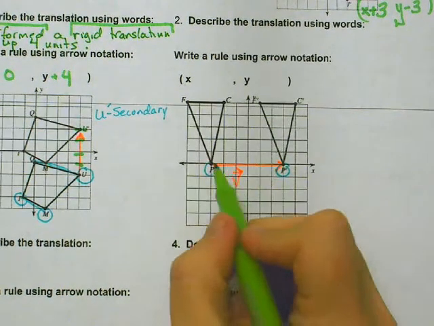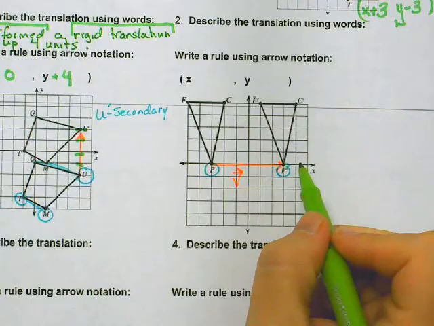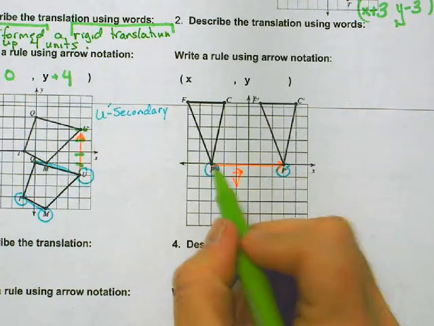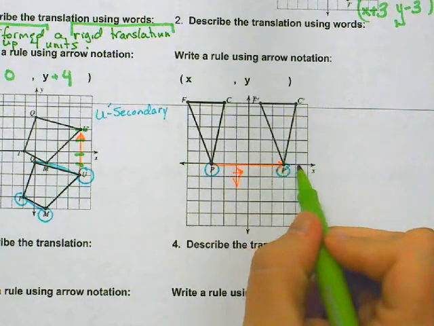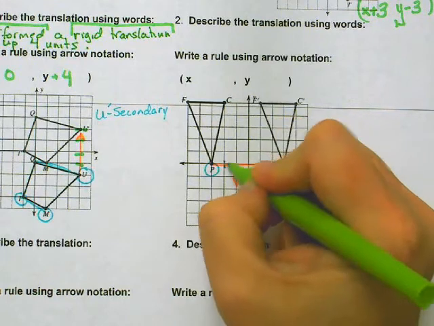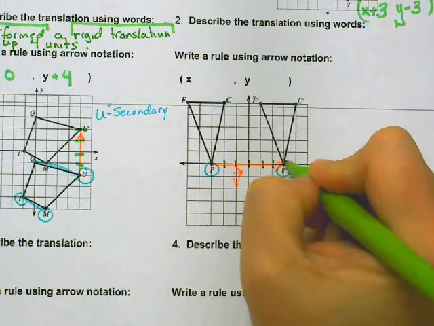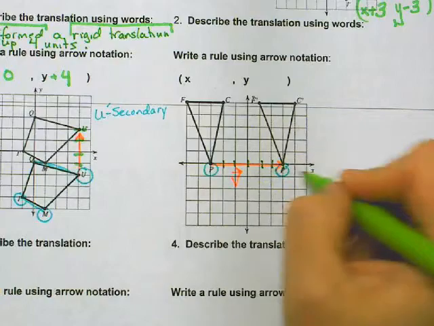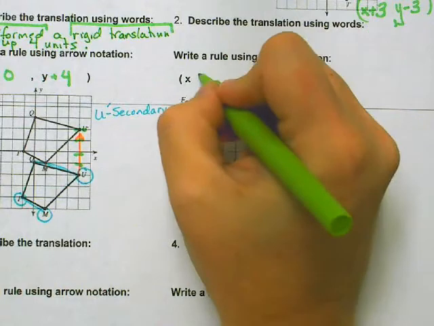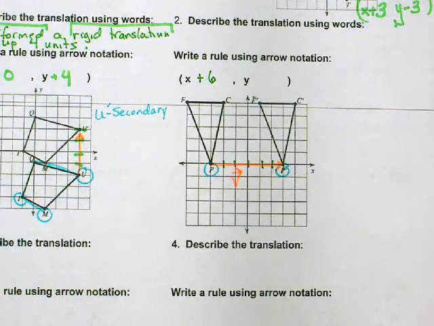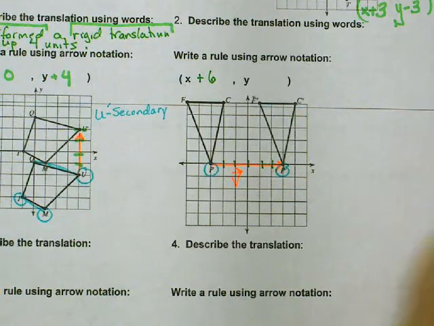When I'm looking at this, I ask myself, if I'm moving left and right, is that X or Y? This is my X value. I move 1, 2, 3, 4, 5, 6 positive units in the X direction. X plus 6. Do I move up and down at all?